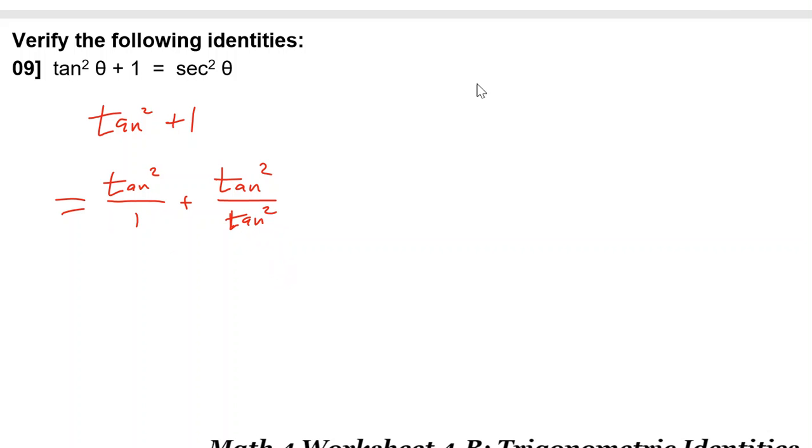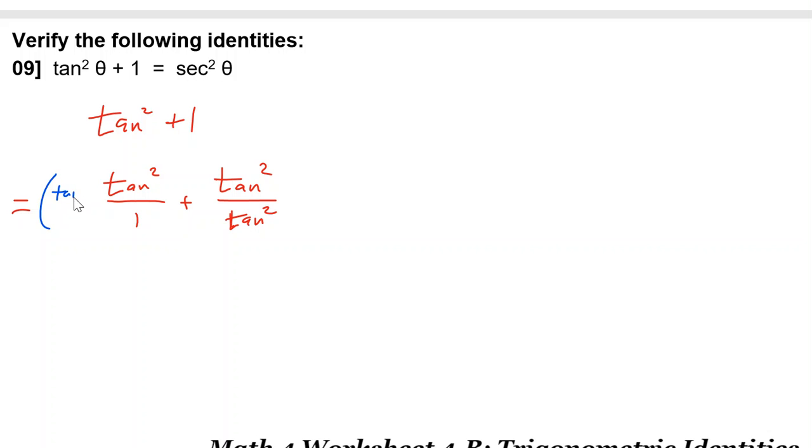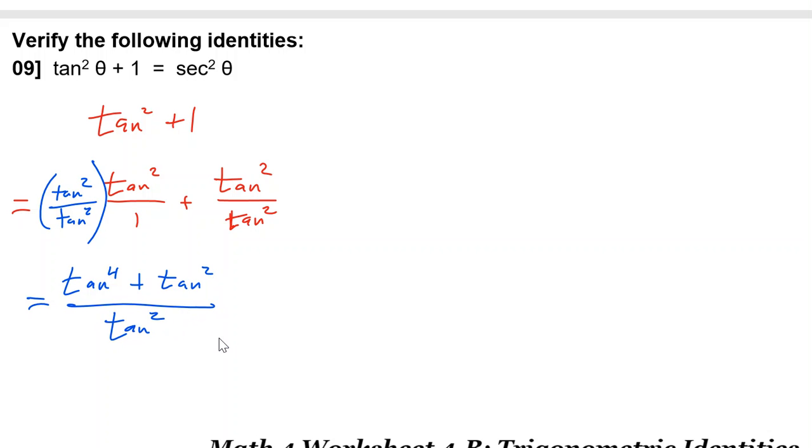Which means I'm going to have to back up and do this, so that I can combine them with a common denominator, tan squared on the bottom. So I'm actually going to have tan to the 4th plus tan squared over tan squared. And I don't feel like I'm getting anywhere.